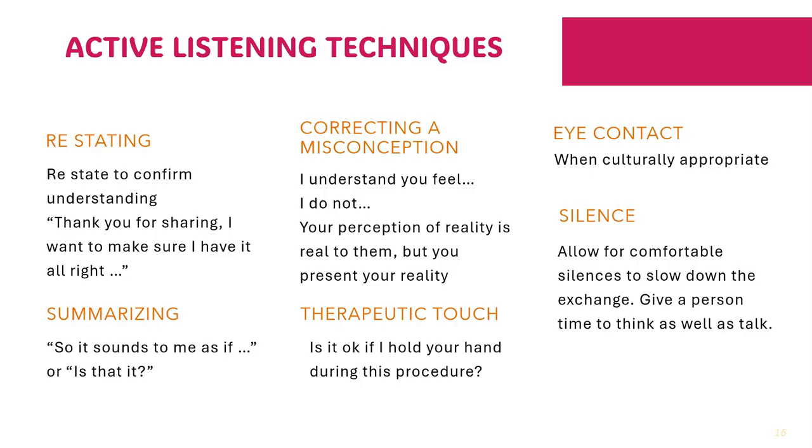Active listening, so restating to confirm understanding. Thank you for sharing. I want to make sure that I have all the right, whatever that is. Correcting misconceptions, eye contact, silence, therapeutic touch, which I talked about, and summarizing. So it sounds like to me, and then you say it.